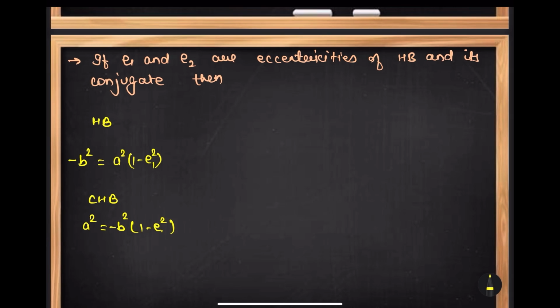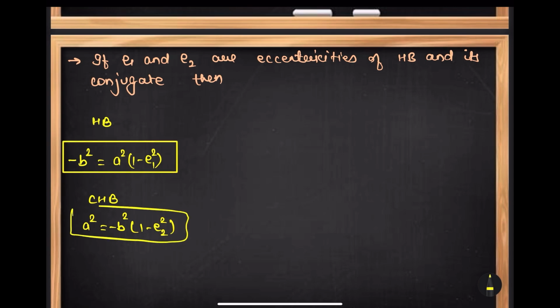Here eccentricity will be different, so I'll take eccentricity E2. Now you have both the relationships, and you know that a and b will remain the same, because we are talking about its conjugate, meaning we are changing 1 with -1. We are not changing a, we are not changing b.